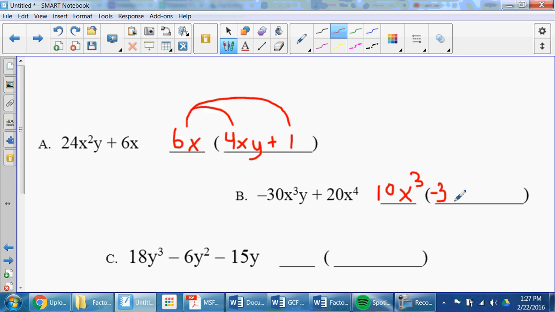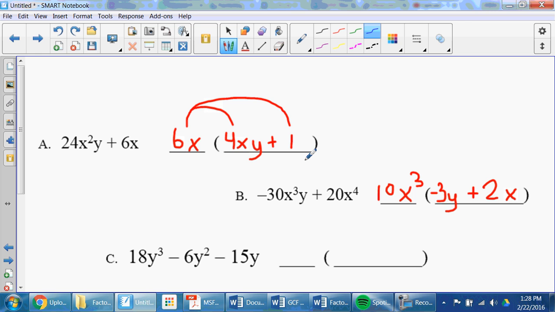It's already x to the third, so I can't put an x here, or it would make this x to the fourth. And I've got to put a y there, so it can end up with a y. Then I would say, all right, 10x cubed times what gets me plus 20x to the fourth? I would say plus 2 and then x. So I can add the 1 plus the 3 for that.